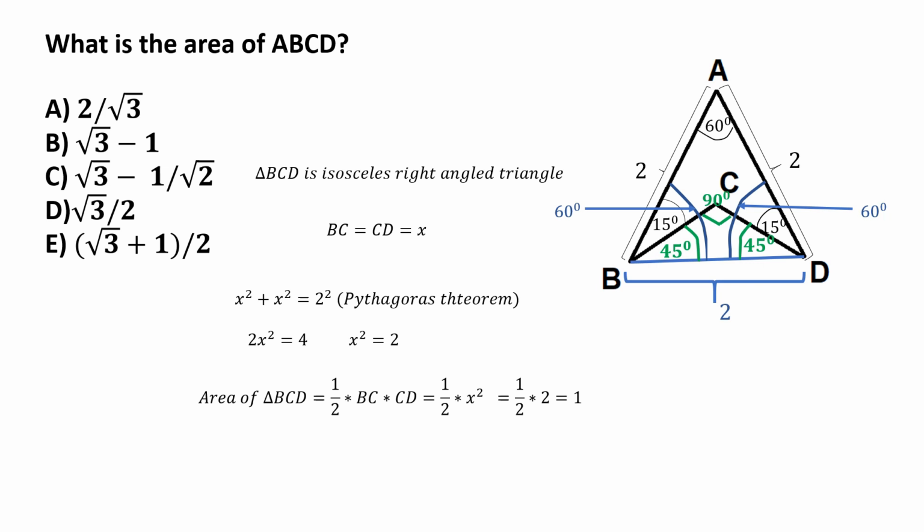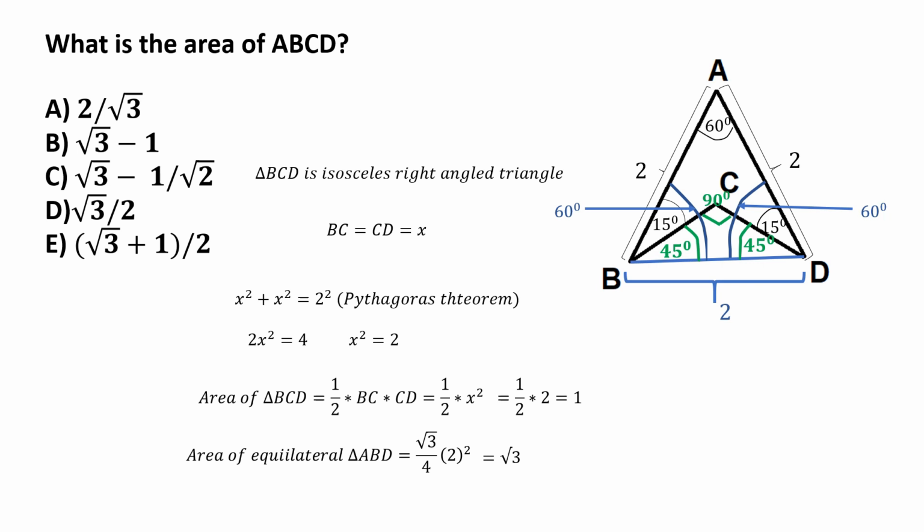Now, what about the area of the triangle ABD? We know that it's an equilateral triangle, and for an equilateral triangle, its area is given by root 3 by 4 multiplied by the square of the side. In this case, each side of the equilateral triangle is 2. So we have the area as root 3 by 4 multiplied by 2 squared, which simply comes to root 3.